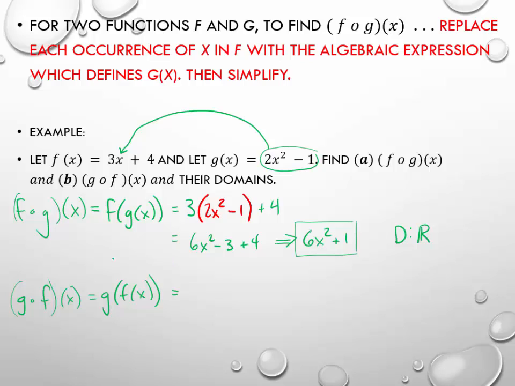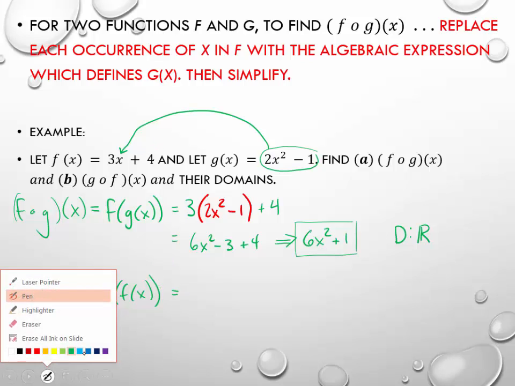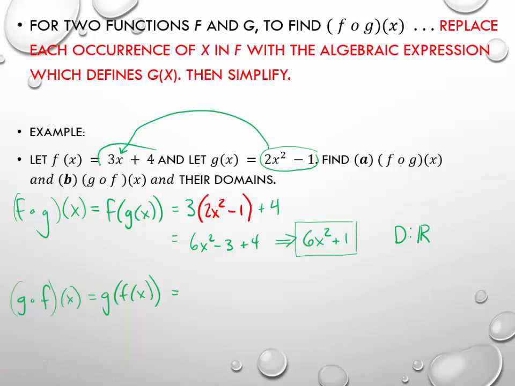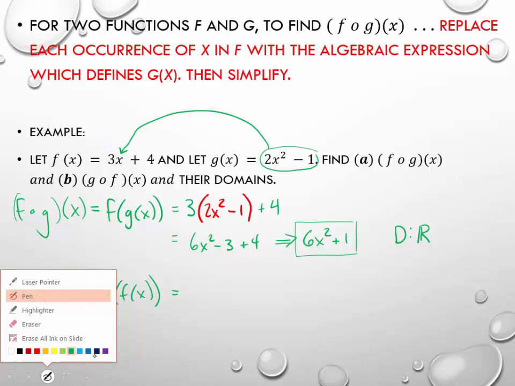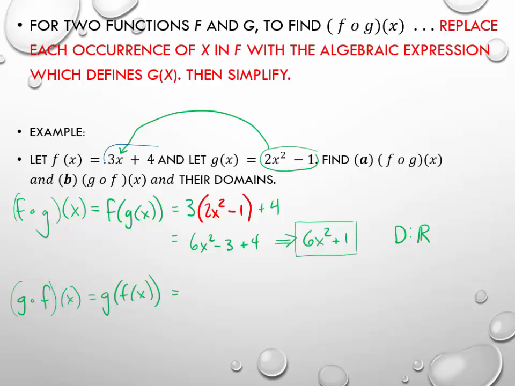And now we're going to do the same thing, but we're going to take f of x and we're going to plug it in for x on the other one. So this one we have 2 in parentheses, 3x plus 4 squared minus 1.